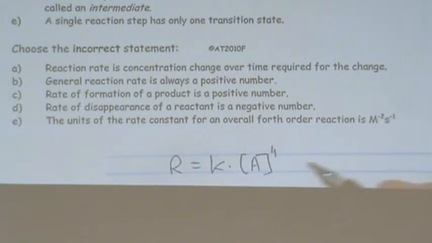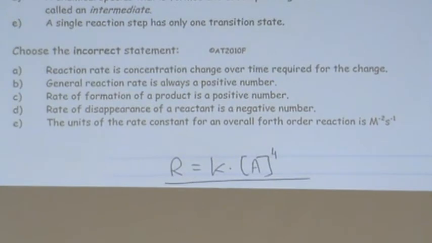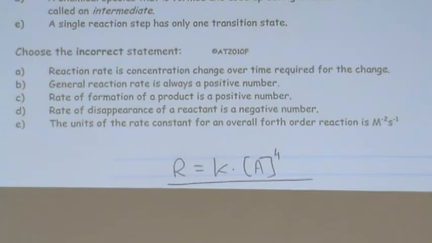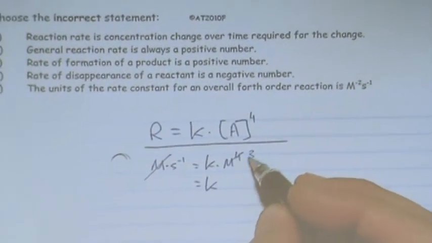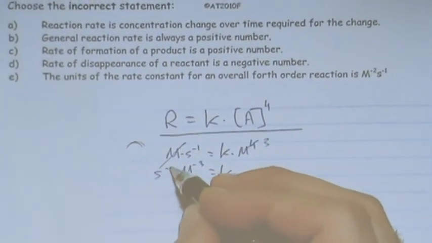From this, we know that the rate is molarity per second. So it will be K times molarity to the fourth. From here, this one will become 3, and so K is going to be molarity to the minus 3, second to the minus 1.